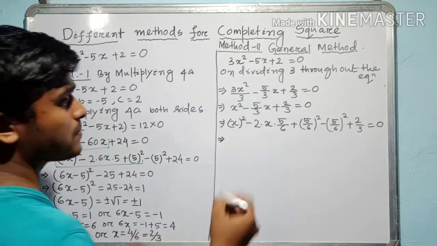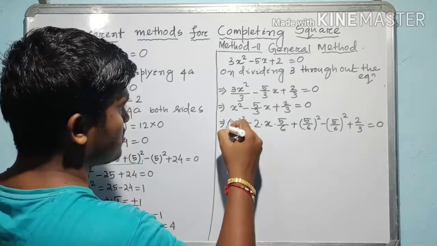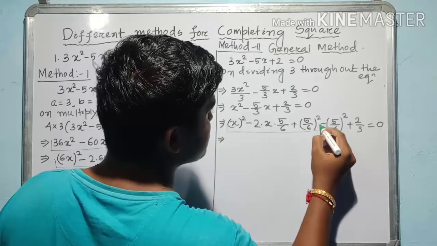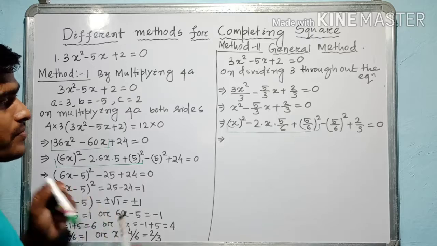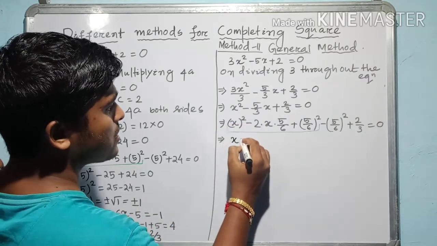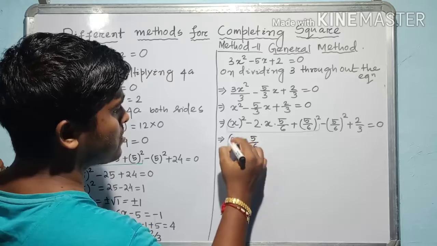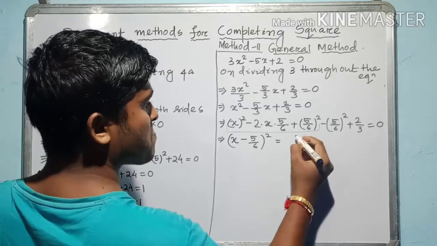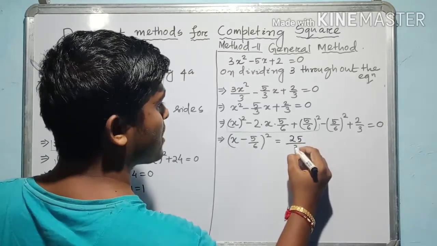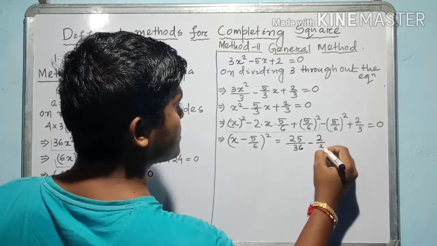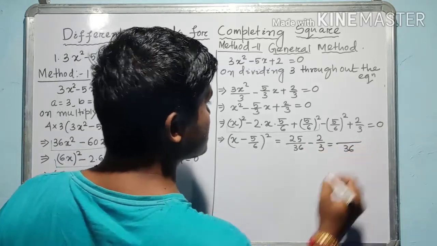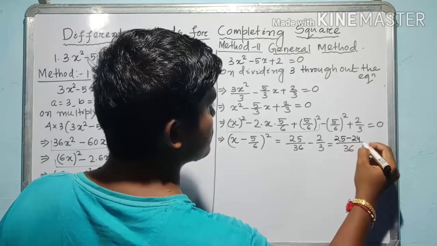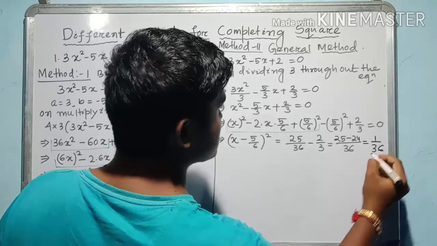Now up to this expression will give you a minus b whole square, that is x minus 5 by 6 whole square, which is equal to 25 by 36 minus 2 by 3. If you see, the LCM will be 36, 25 minus 24, that is 1 by 36.